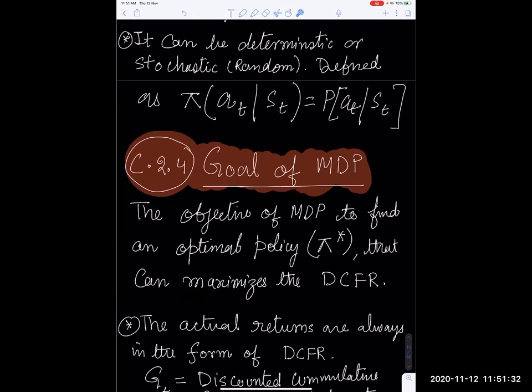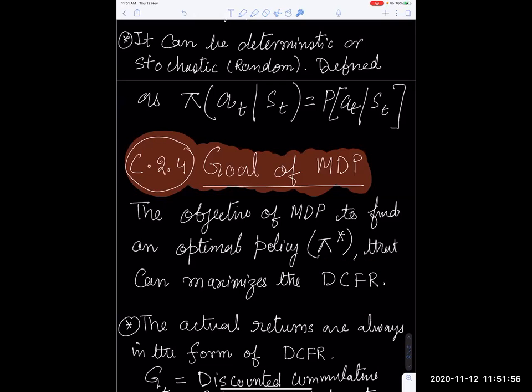So we are ensured that this pi star, which is an oracle for me, which the agent has learned, is going to tell you that at any state, if you take this action, you are going to get the maximum discounted cumulative future rewards.